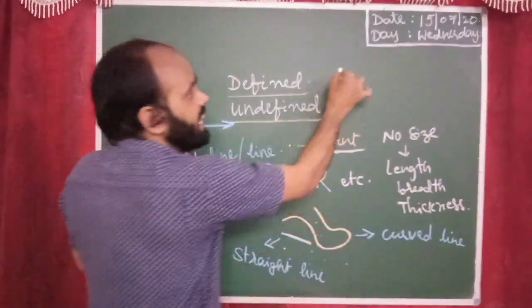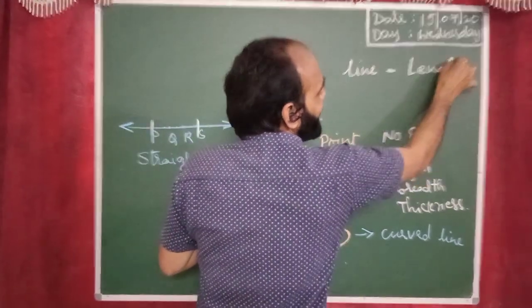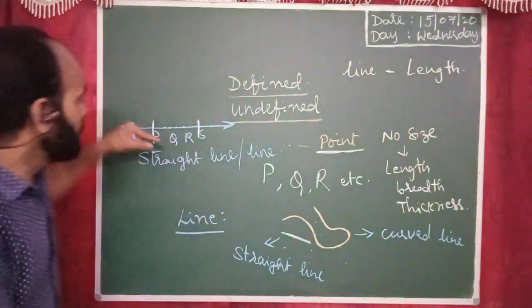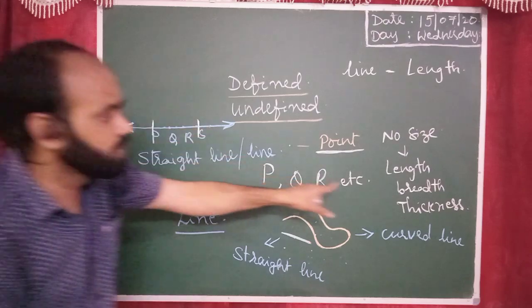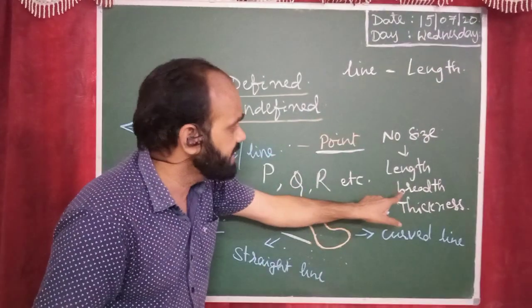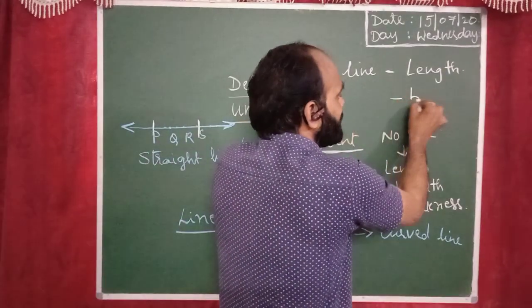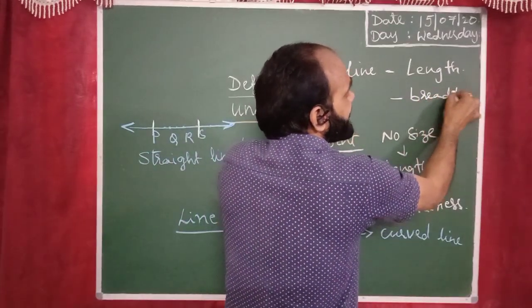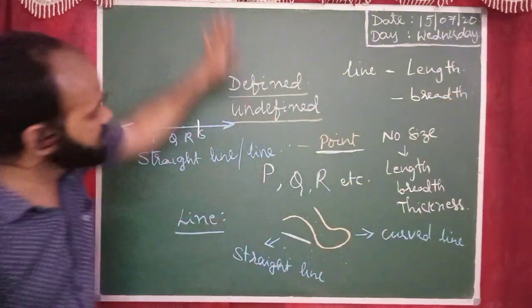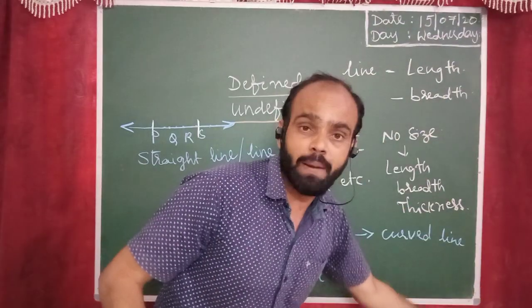A line has length, but it does not have any breadth, because this line is nothing but a combination of points, and a point has no breadth. So it has length but no breadth at all. But just have a look at the board. It has length and it has breadth also.